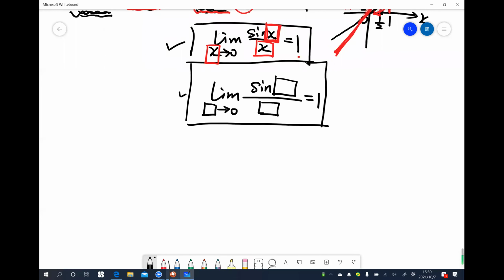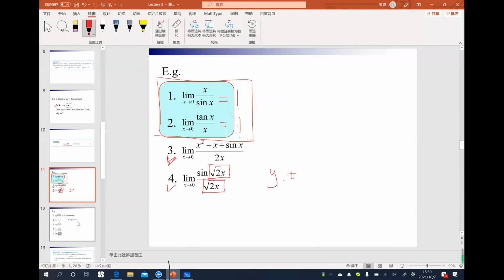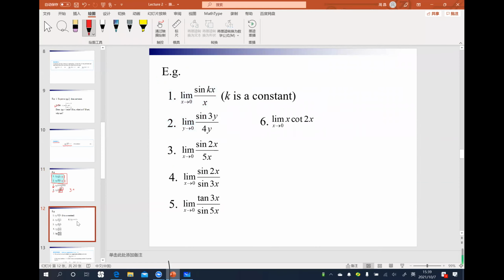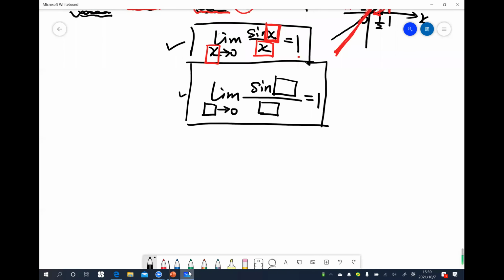Okay, so now I will give you more examples. For the first one, I will show you how to solve it, and then you can solve the other exercises. The first one is the limit of sine kx by x as x approaches 0.